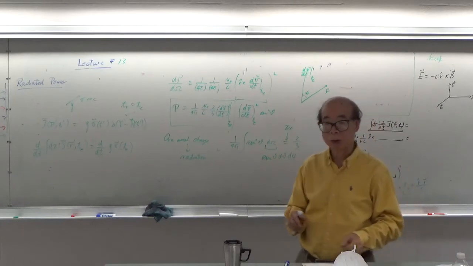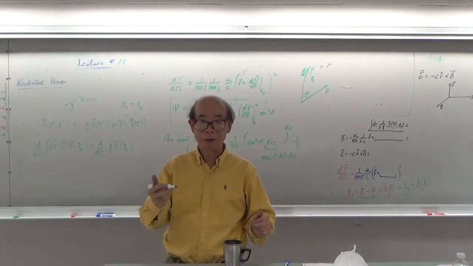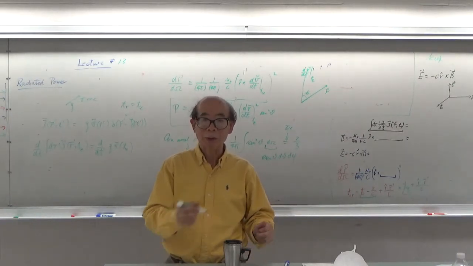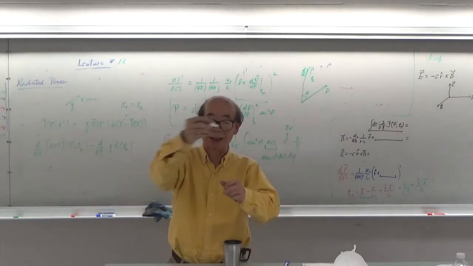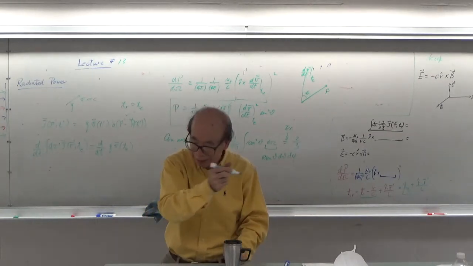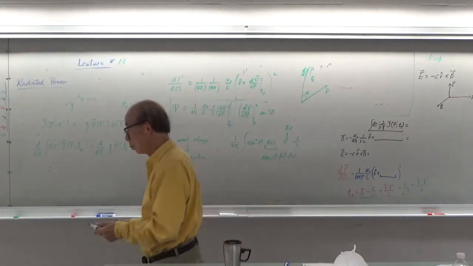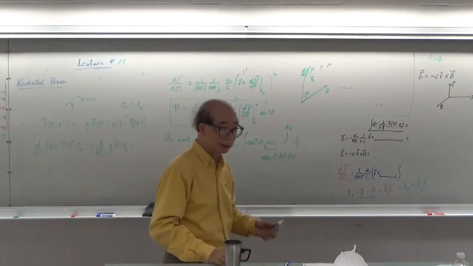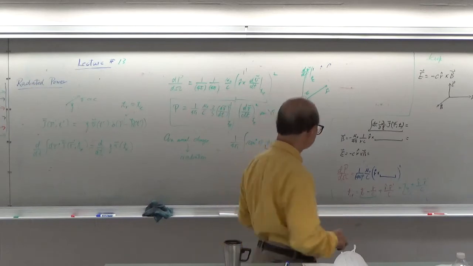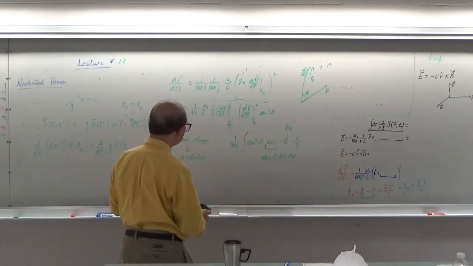In fact, that's one of the reasons why people developed the technique to do linear acceleration instead of circular acceleration, linear motion instead of circular motion. That's why there's the Stanford Linear Accelerator Center. All right, so much for this.